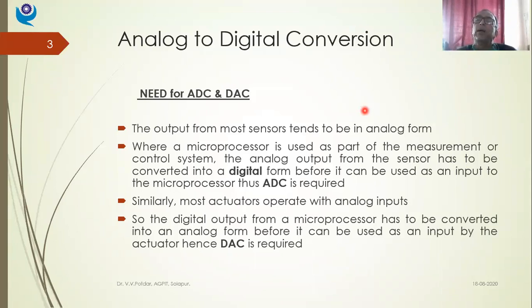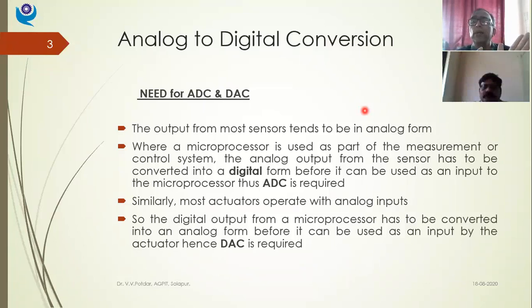Let us say 3 volt is the signal that is fed back. So whatever is the difference between the desired angular position and the existing angular position, that signal will be the error signal generated by the comparator.